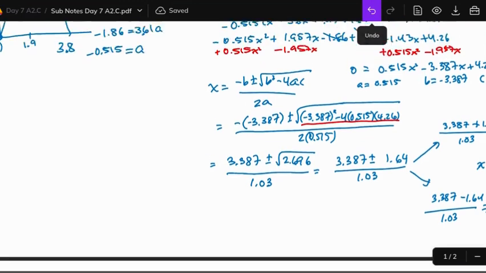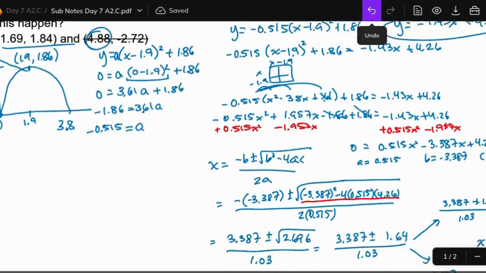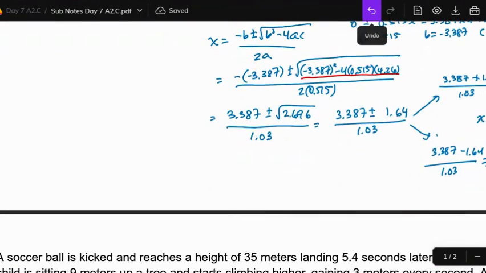Let's go back up, substitute that into this nice linear function to get our y values. So this is going to be y is equal to negative 1.43 times the x, which is 4.88, plus the 20.